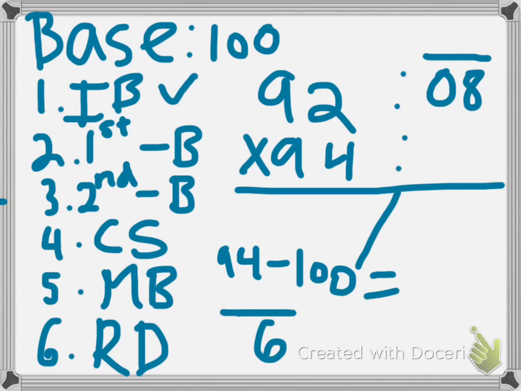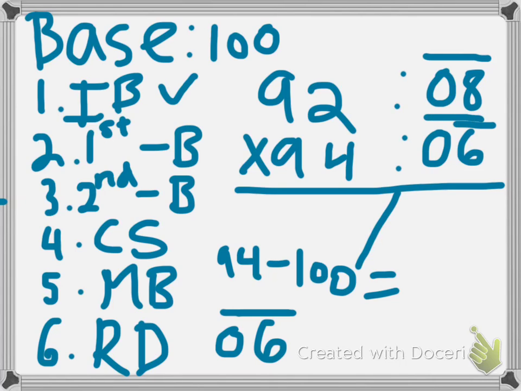And because 100 has 2 placeholders, or 2 zeros, we have to add a placeholder to -6, or bar 6, to make it right, basically. And we're just going to write the same thing over here.